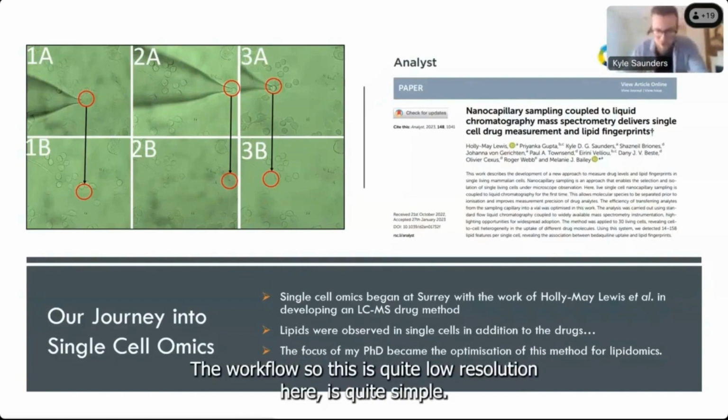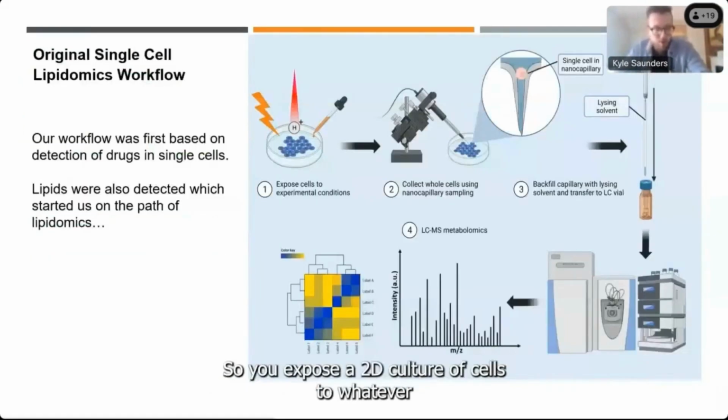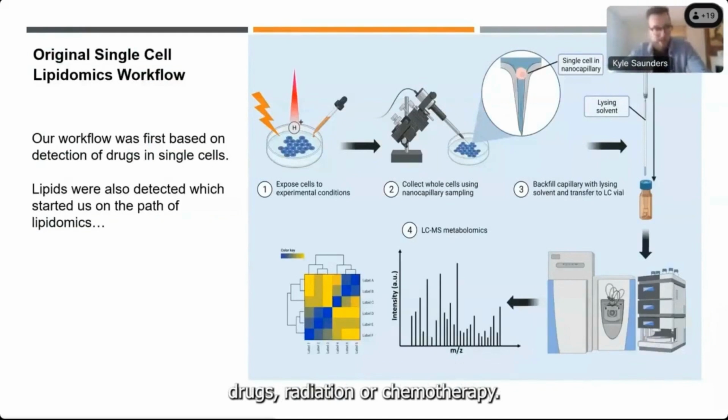The workflow, shown sort of quite low resolution here, is quite simple. So you expose a 2D culture of cells to whatever experimental conditions you're interested in, whether this is application of drugs, radiation, or chemotherapy.